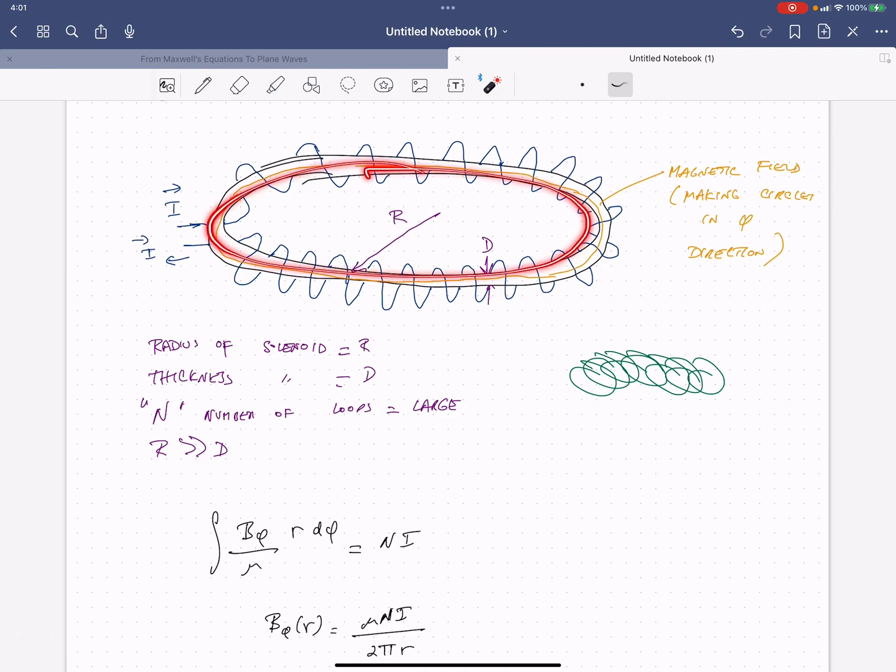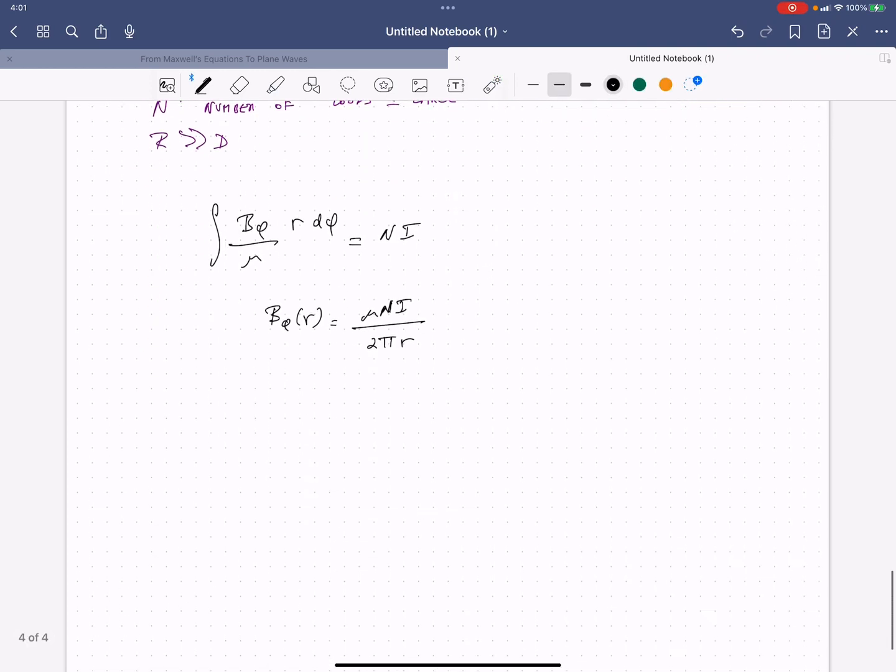The other assumption we're making is that the entire magnetic field is enclosed inside here, and that's the case when the toroid is tightly wound. So these wire loops are tightly wound, and that means the magnetic field does not spill out.